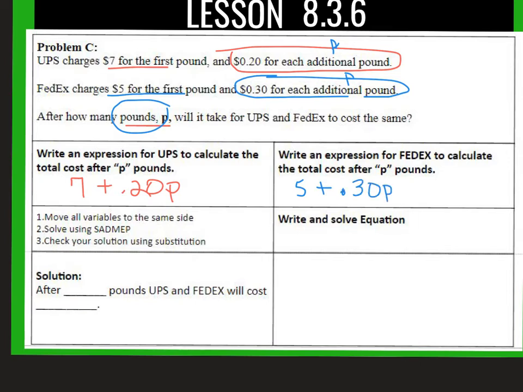So I need to see after how many pounds will it cost the same, depending on what I'm going to mail, right? It may not matter based on the information I find, whether I go with UPS or FedEx. So we have our expressions. Let's set those both equal to each other. 7 plus 0.20 times P equals 5 plus 0.30 times P.